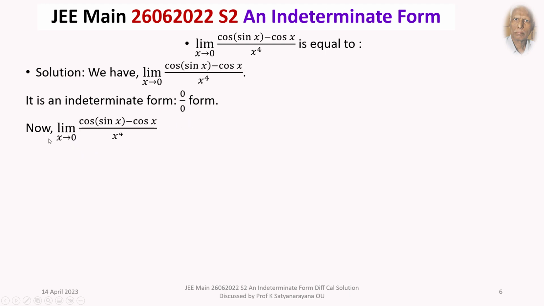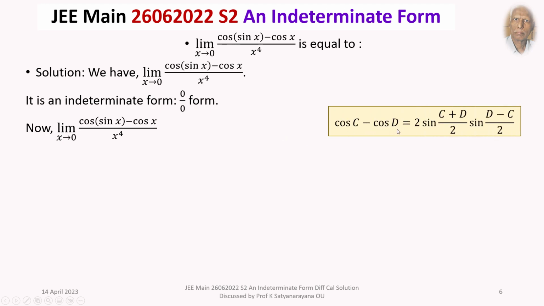Let's take the limit x tends to 0 of cos of sin x minus cos x by x to the power of 4. The numerator is of the form cos c minus cos d. We have a formula, we recall it. Cos c minus cos d is equal to 2 times sin of c plus d by 2 into sin of d minus c by 2.